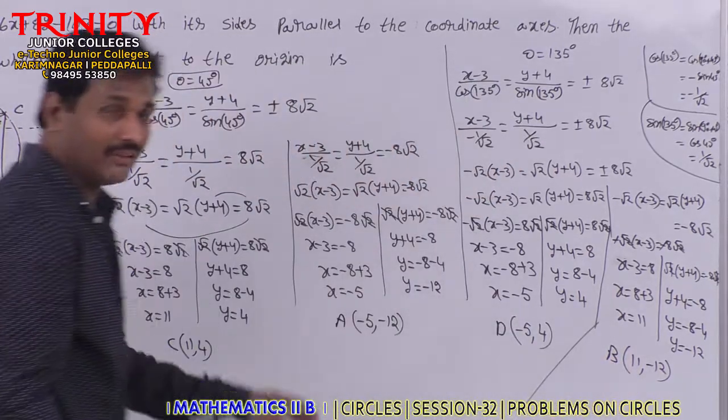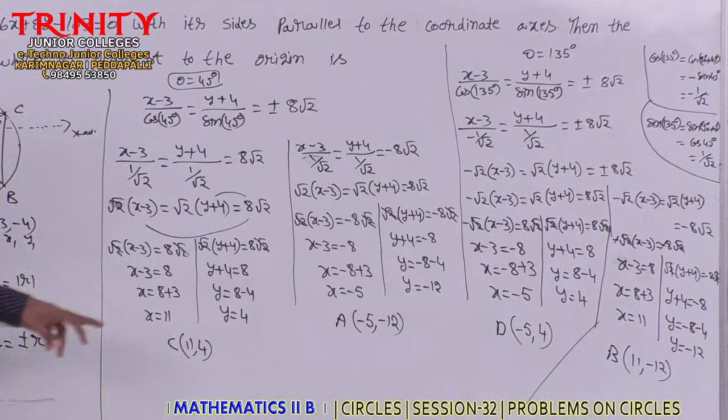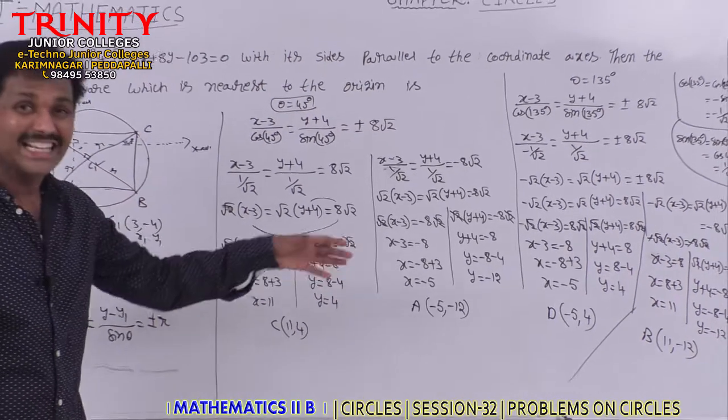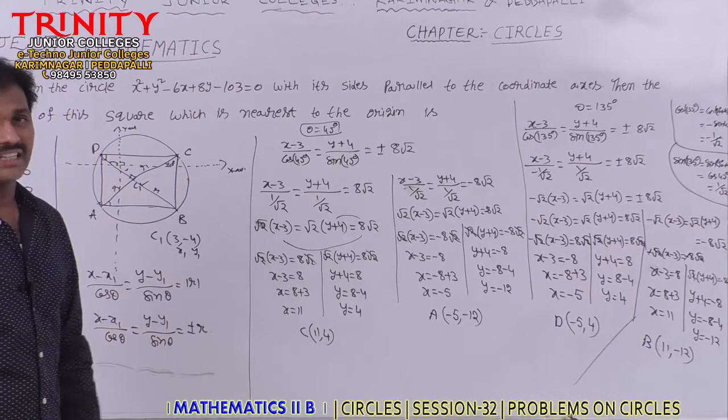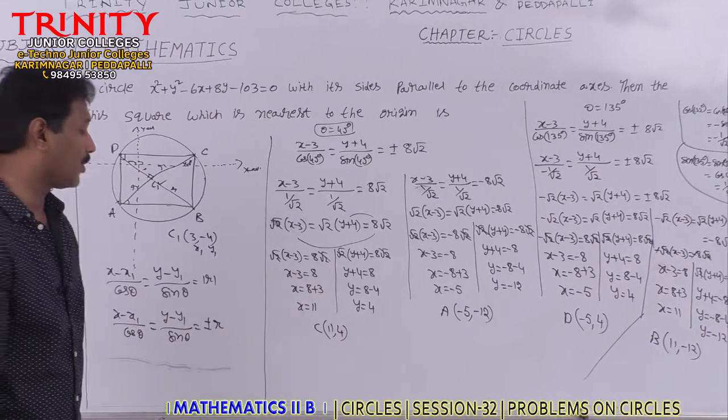In this case we find the 4 vertices of the square A, B, C, D. We check which one of the points is nearest to the origin. We find the distance from the origin to each point.